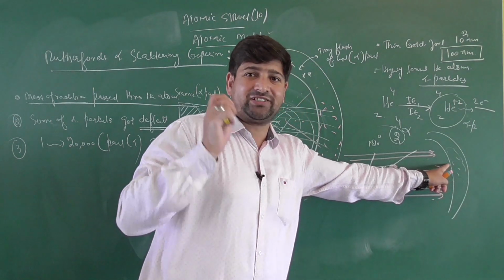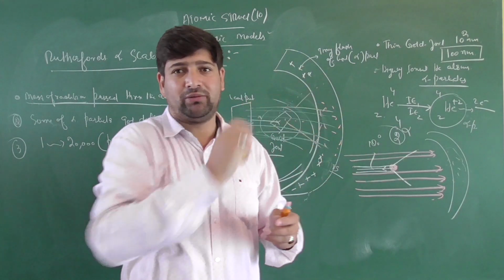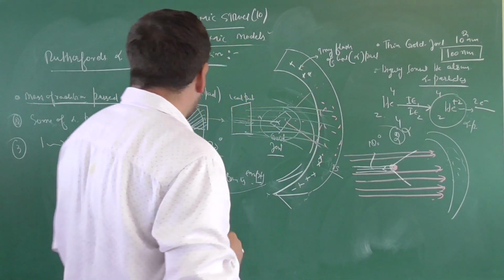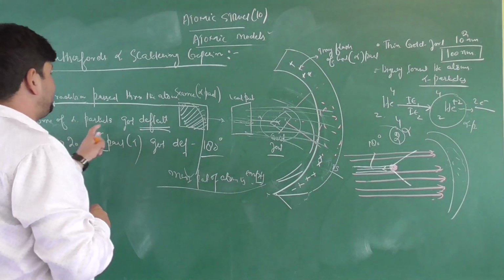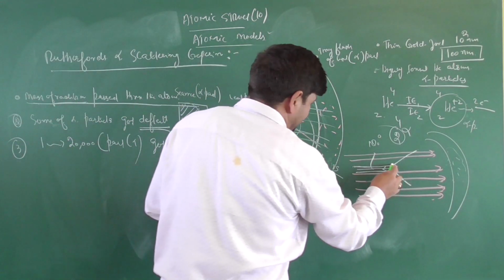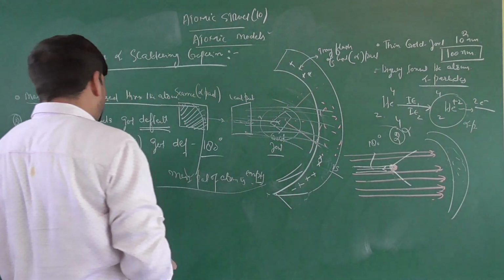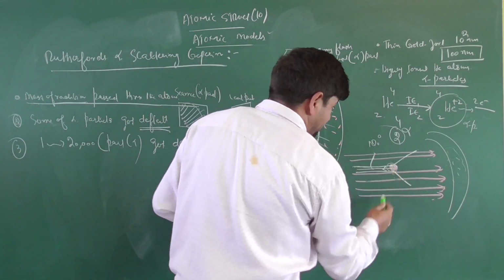There are tiny flashes of light occurring. That can only happen when it is passing through and hitting the photographic film on the back. Clear? Good. Number 2, some of those got deflected. Some particles got deflected, indicating that it has positive charge which is present in a very smaller region. And 1 in 20,000 means it's extremely dense.